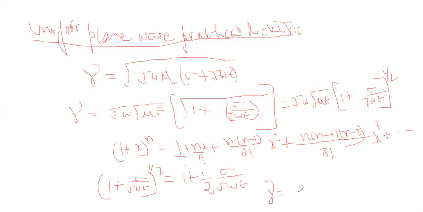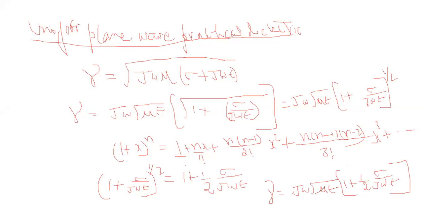Gamma is equal to j omega under root of mu epsilon, multiplied with this function whatever we derived by using the binomial theorem: 1 plus 1 by 2 sigma by j omega epsilon.